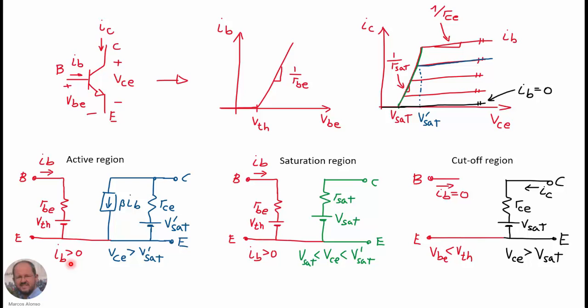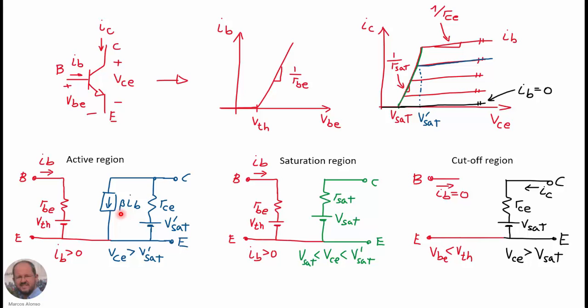And for the output characteristics of the transistor, we can use this model in active region to model this part here corresponding to the behavior nearly as a current source. So we are using a current source with the value beta times IB, the current through the base, where beta is the DC current gain of the transistor.